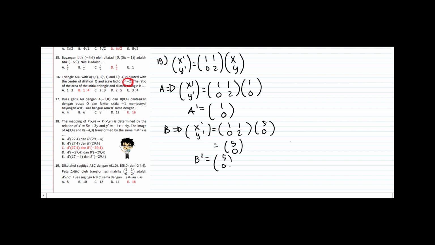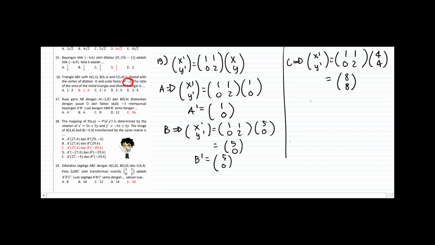Okay. And then for C accent, (1, 1; 0, 2) times (4, 4). 4 plus 4 is 8. So we have C accent.